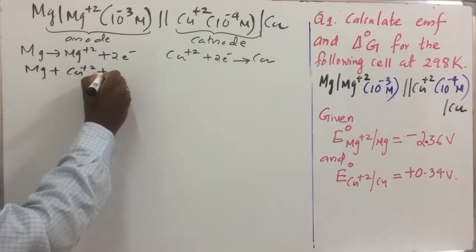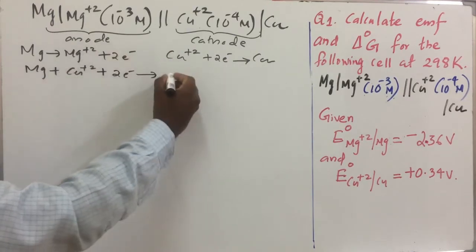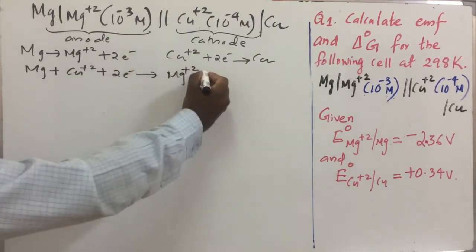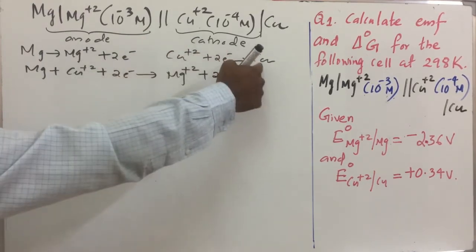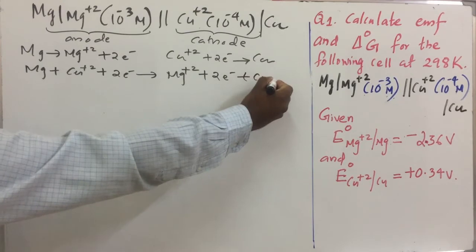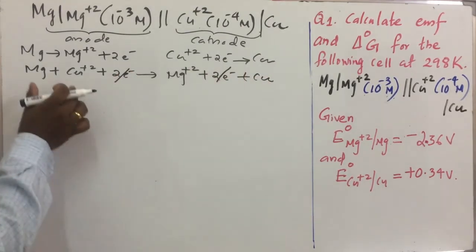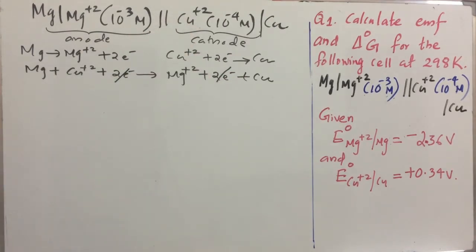The 2 electrons we can cancel. Now this is the overall reaction of this electrochemical cell.